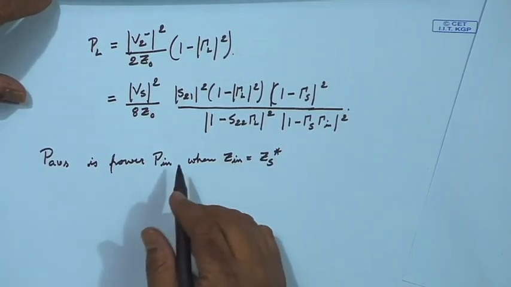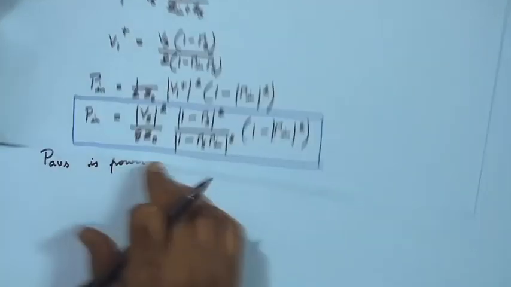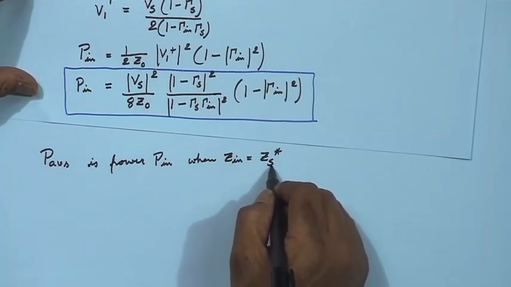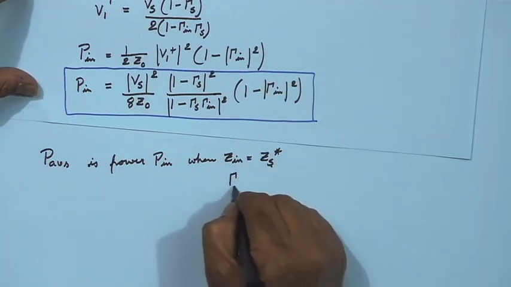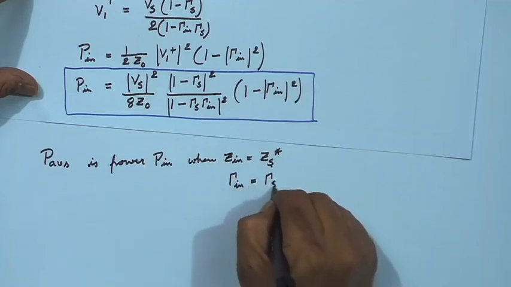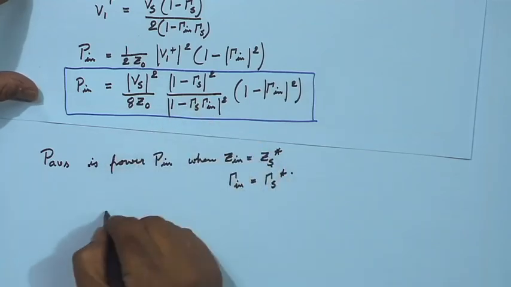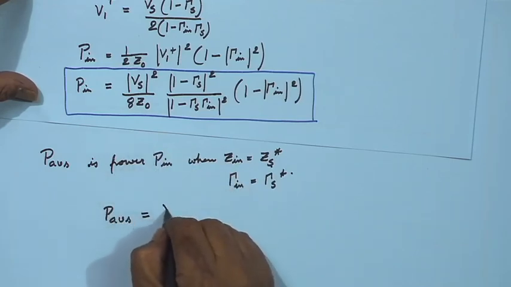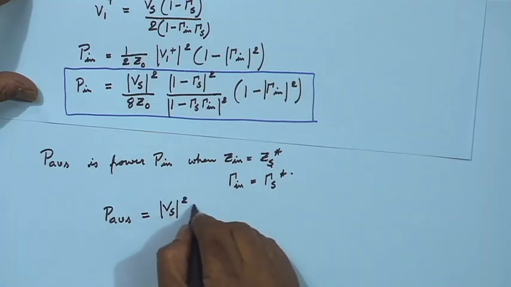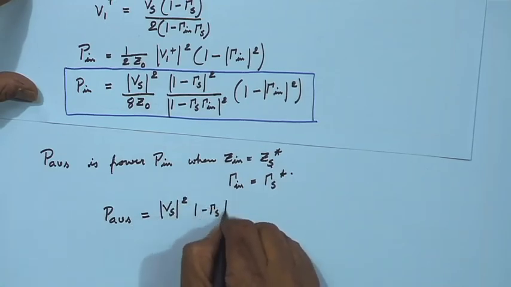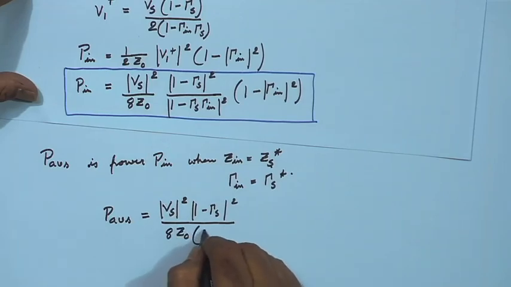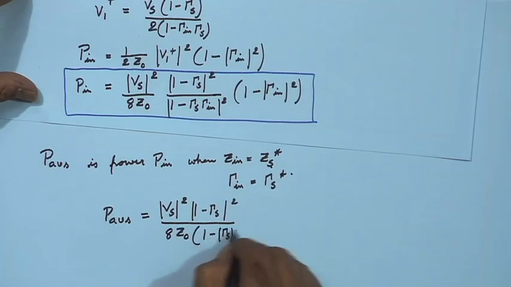I already have the P in expression, and there I should enforce the condition that Z in is equal to Z s star, which means gamma in is equal to gamma s star. If I put it here, I get the expression of P A V s: V s square, 1 minus gamma s square, by 8 Z naught, 1 minus gamma s square.